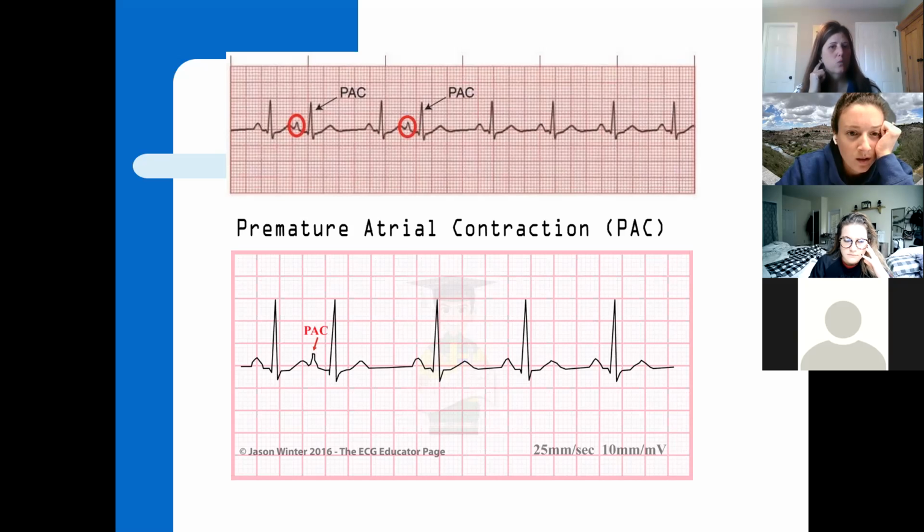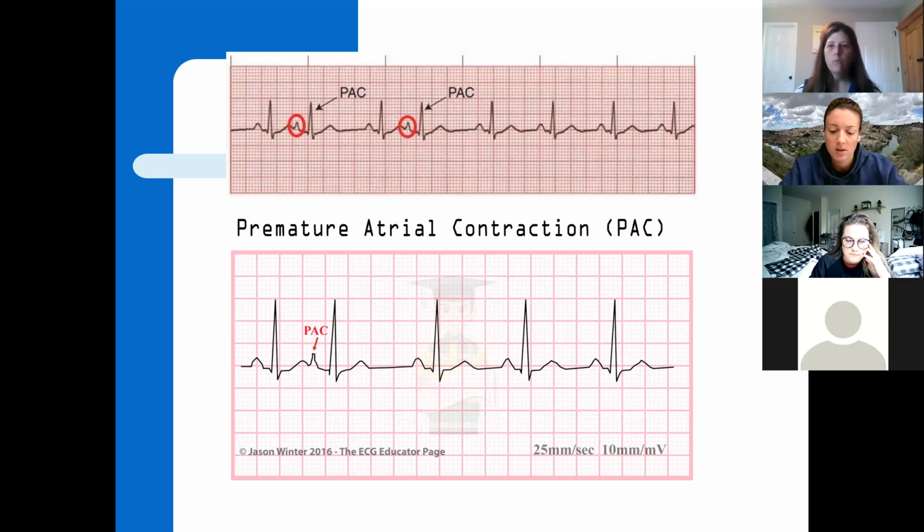The measurement is what determines if it's compensatory or non-compensatory. Again, if the patient is asymptomatic, monitor them. If they're symptomatic, you want to withdraw whatever stimulus it is: stop exercising, pull back on the caffeine intake, that kind of stuff.